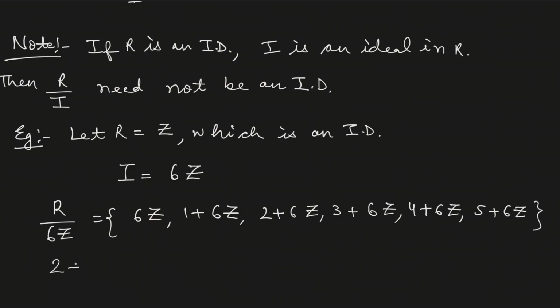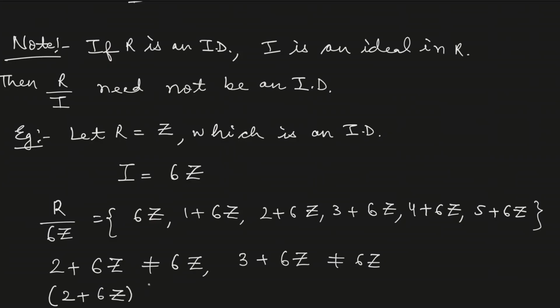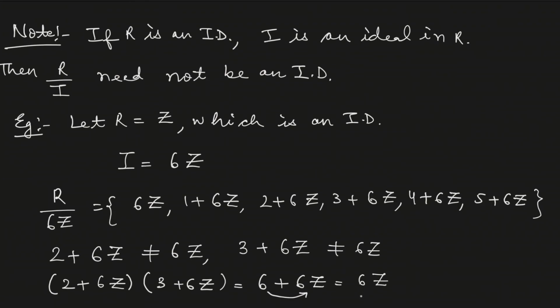Now 2 plus 6Z is not equal to 6Z. 3 plus 6Z is also not equal to 6Z. What about their product? 2 plus 6Z times 3 plus 6Z will be 6 plus 6Z, so 6 gets absorbed in this 6Z, and we get 6Z.